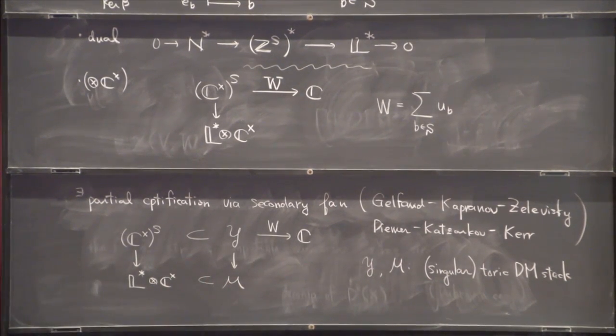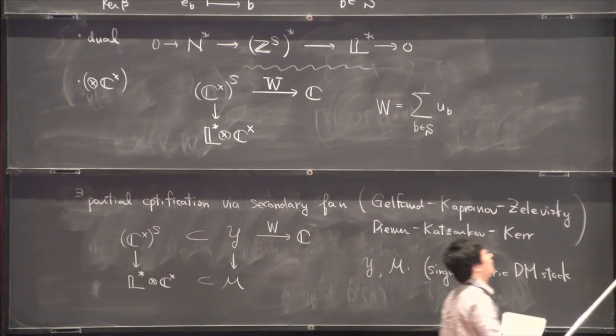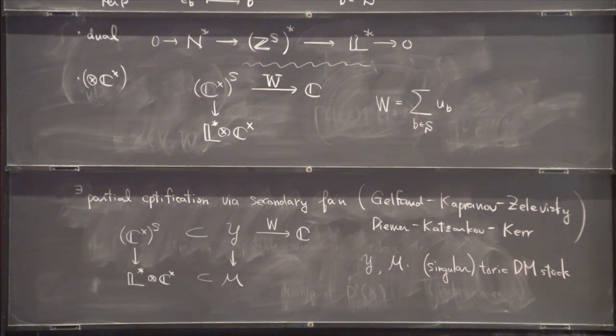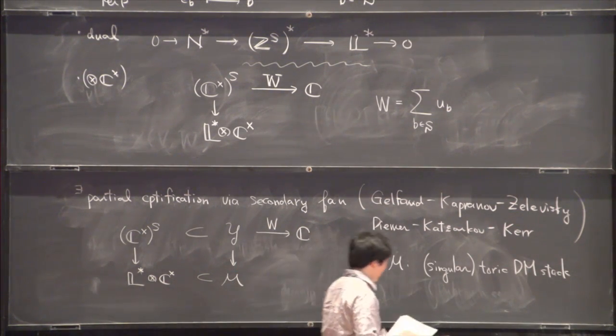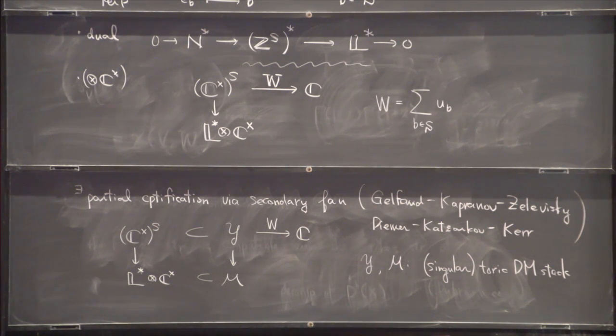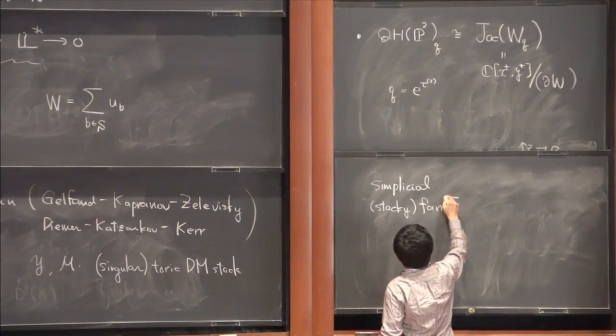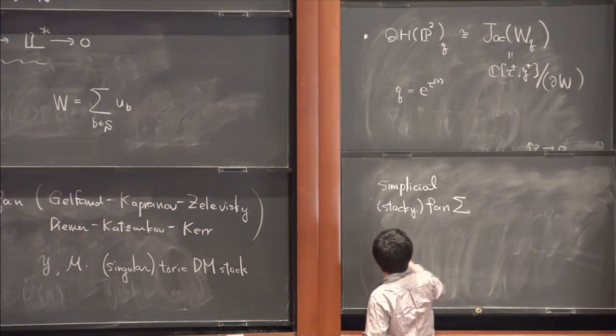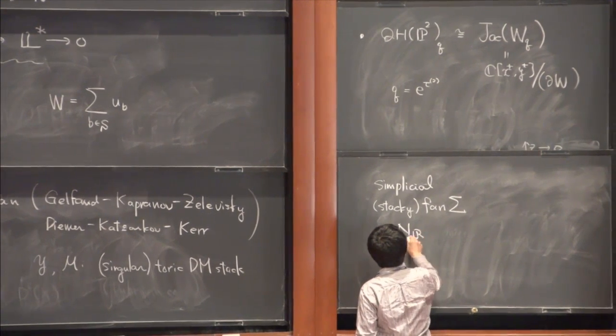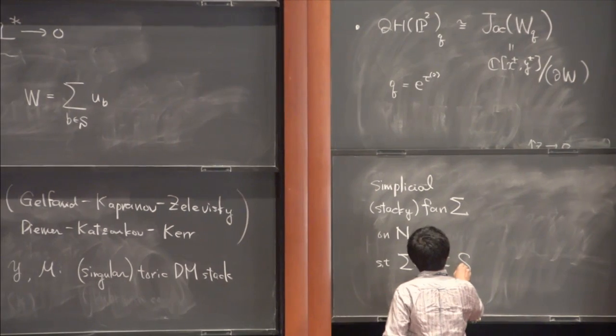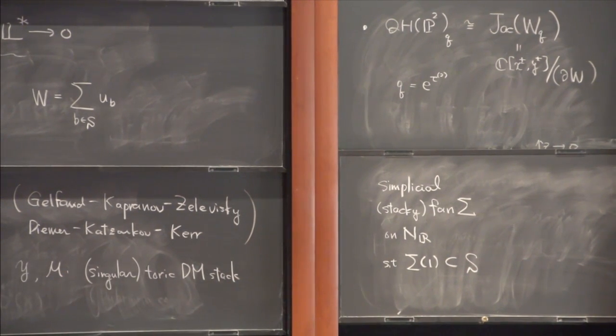The compactification is done in such a way that you take a simplicial stacky fan sigma on N_R such that sigma 1 is contained in S. Stacky fan is in the sense of Borisov, Chen, and Smith.